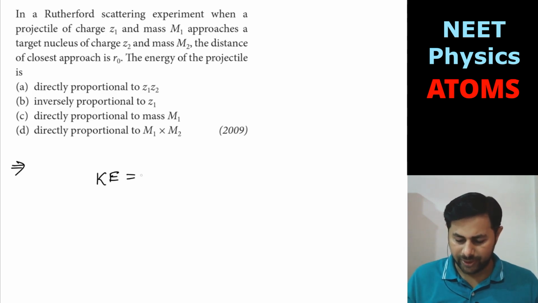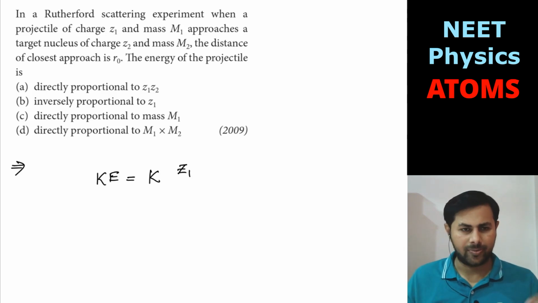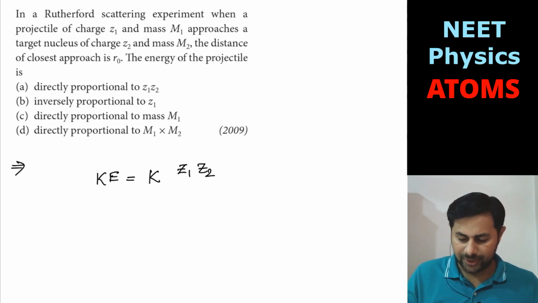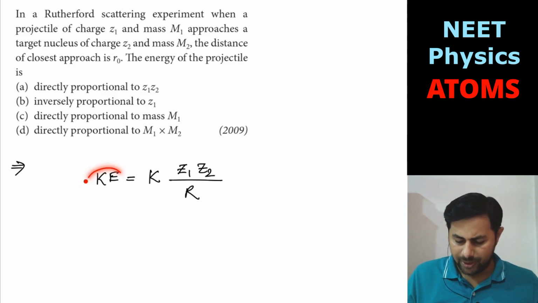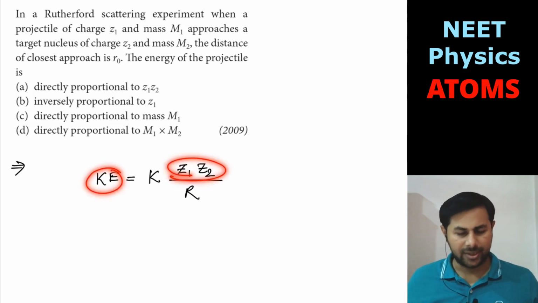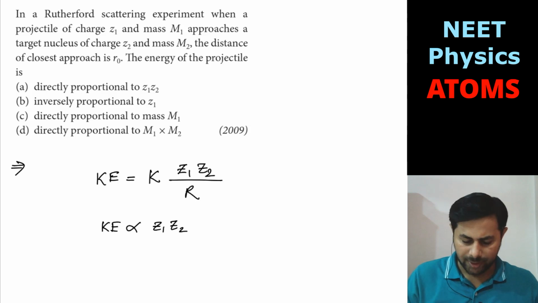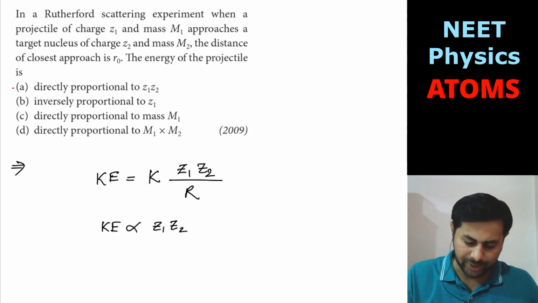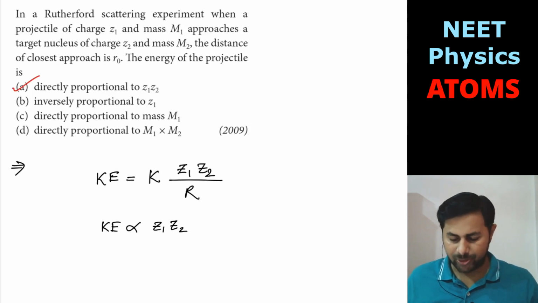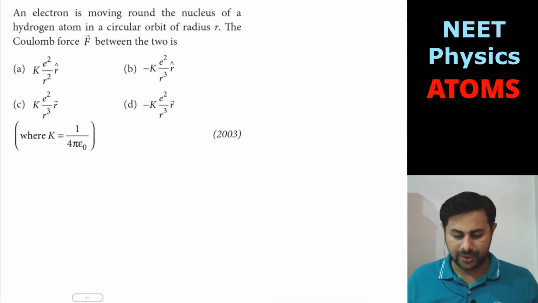That is k times the charge on the projectile, maybe an alpha particle, times the charge on the nucleus divided by the distance of closest approach. So the kinetic energy is proportional to Z1, Z2. These are very, very simple questions, right? Okay, good. Let us see the next one.